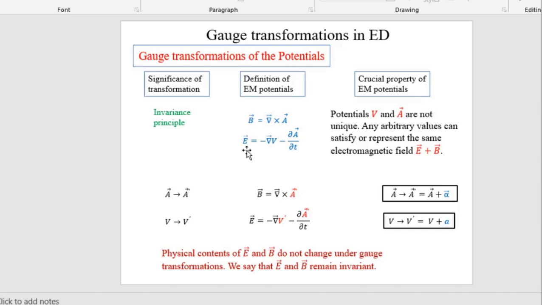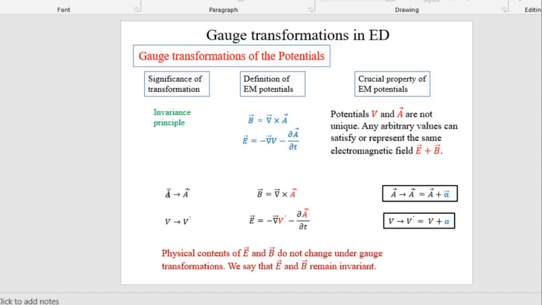Let us first start with the potentials V and A corresponding to the electromagnetic field E and B. Now let us consider some new values of these potentials, A prime and V prime.